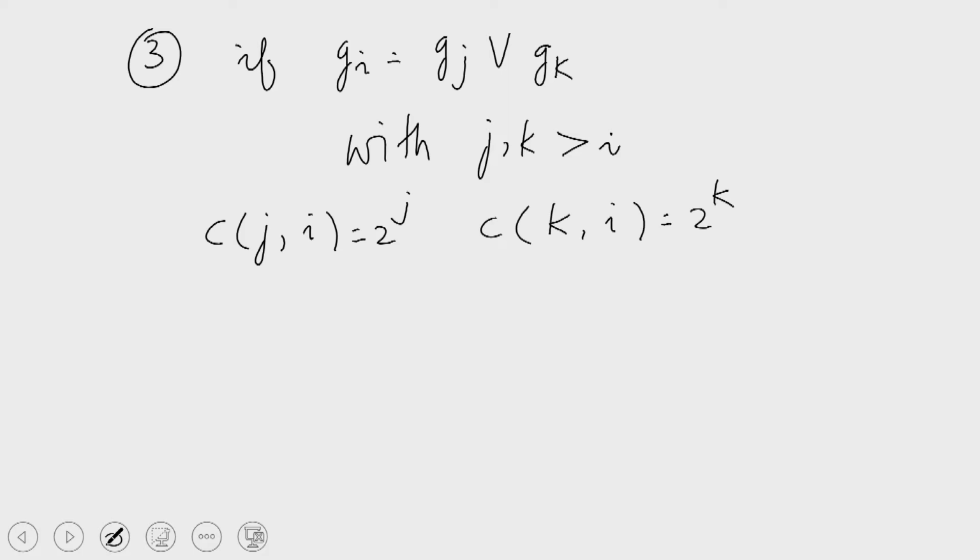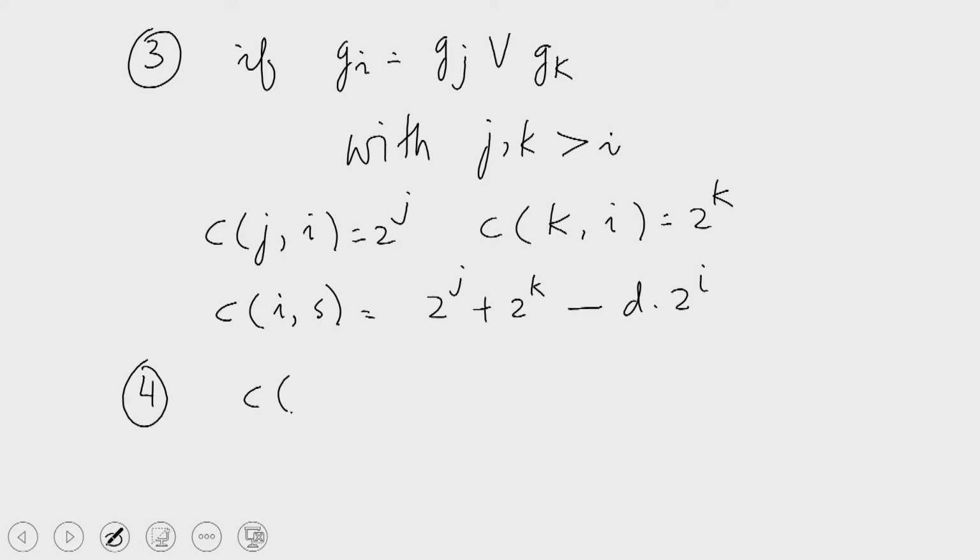These are exactly as in the case of the AND gates, but now we have an edge back into the sink. The capacity of this edge is going to be 2 power j plus 2 power k minus d into 2 power i. And finally, we define the capacity of Z0T to be 1.